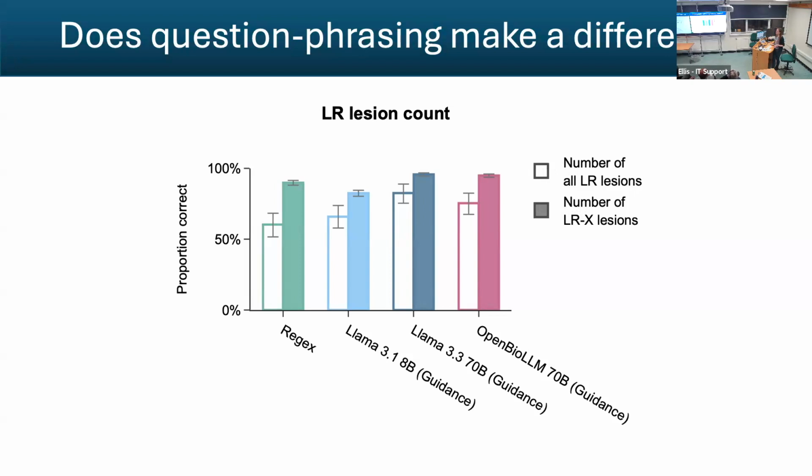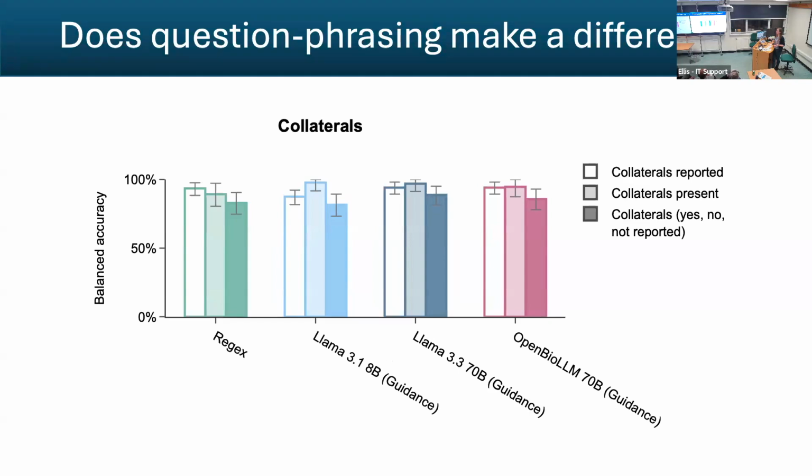Another example, maybe a little bit more subtle, was whether we should resolve any ambiguity in terms of a feature being reported or absent in one question or over two different questions. Let me explain what I mean. With the example of collaterals on a normal MRI liver, the radiologist would normally report collaterals yes or no, and then it's a clear-cut decision.